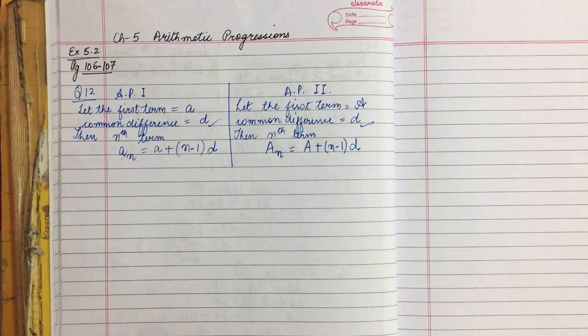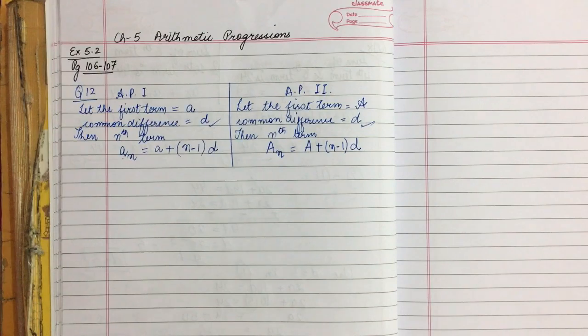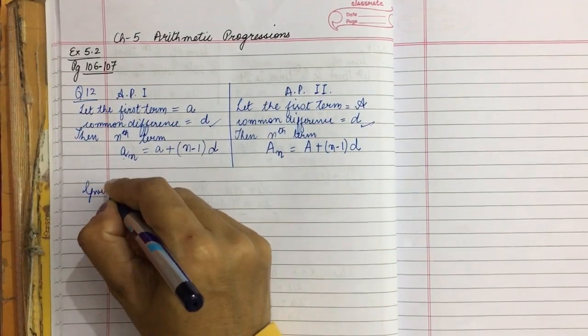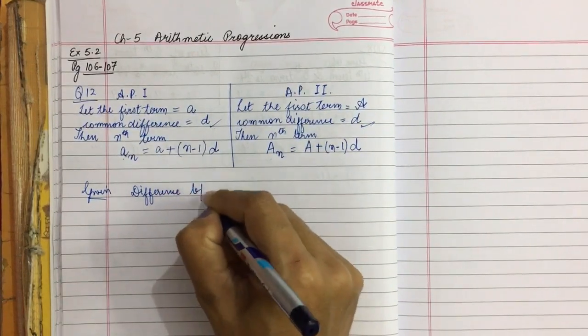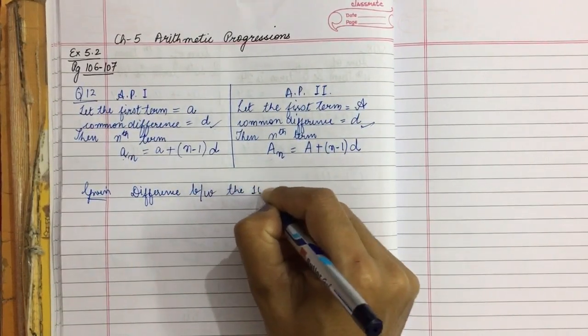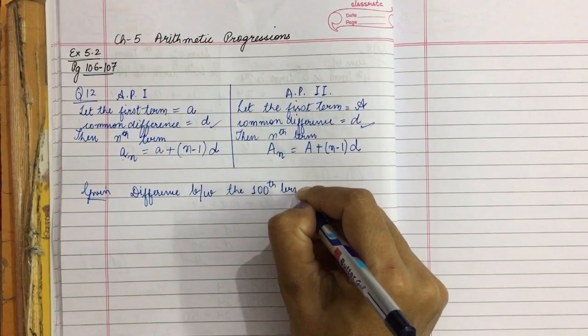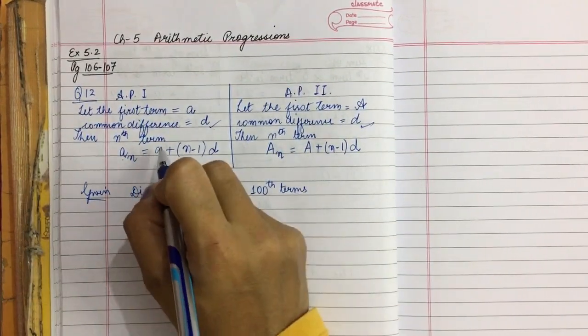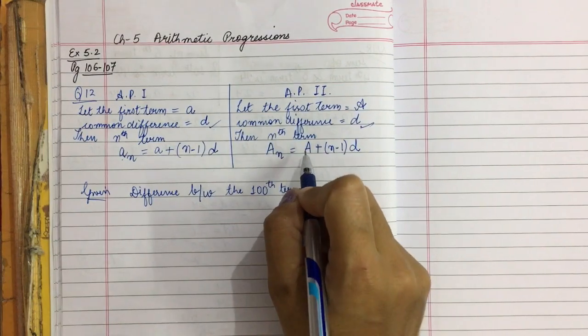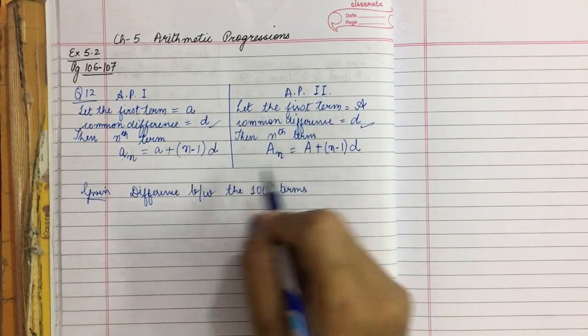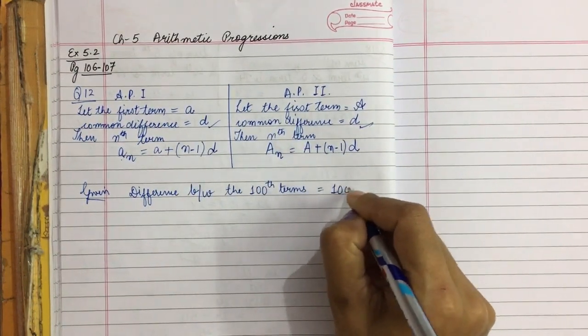Now let's move on to what they have given in the question. We have been given that the difference between the 100th terms of the two APs, the 100th term of the first arithmetic progression and the 100th term of the second arithmetic progression, is equal to 100.